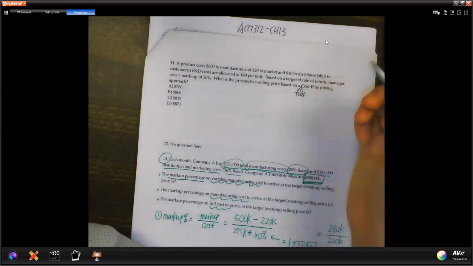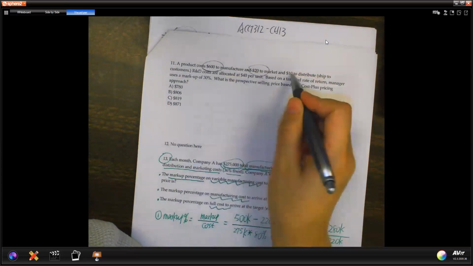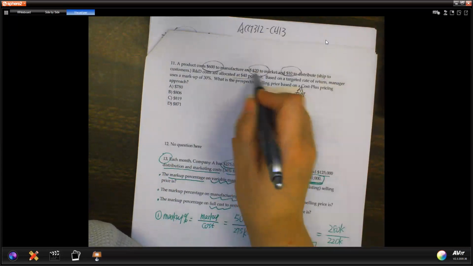Okay, question 11, talking about the cost-plus approach. Basically, you have the cost, you have the plus, that gives you the selling price, right? This question didn't say it, but I should have said based on the full cost as the base. So you have manufacturing, marketing, $10 as distribution, and then R&D.